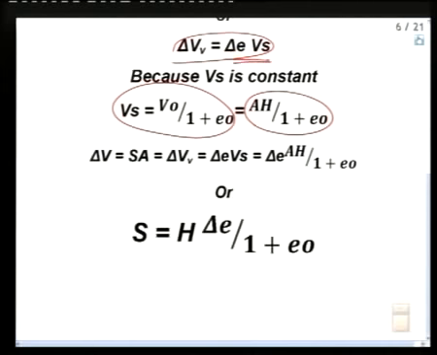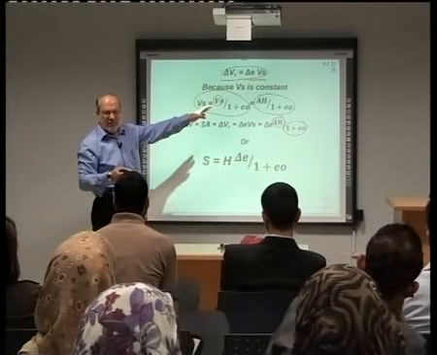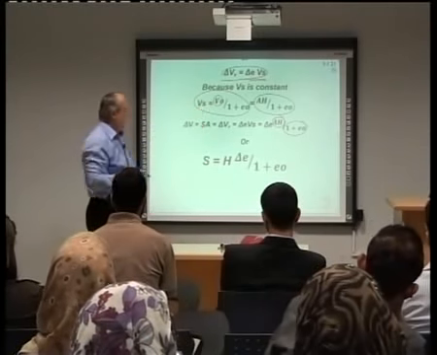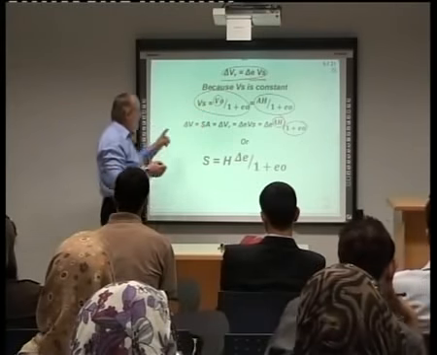Instead of Vs I put what? V naught divided by 1 plus e naught. But V naught is AH, so it will be delta e multiplied by AH divided by 1 plus e naught. You saw where we got it from? Are you following? Nobody is dizzy? Okay. You don't need lemonade or anything. Substituting.